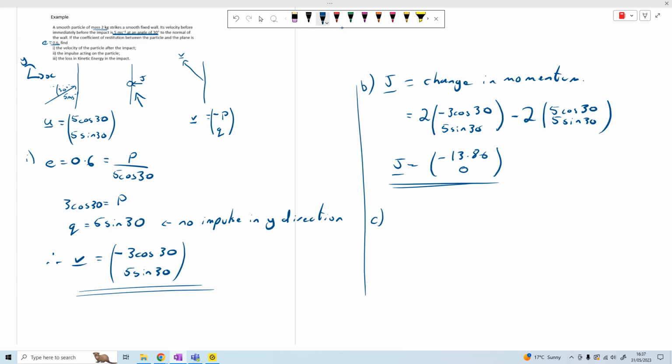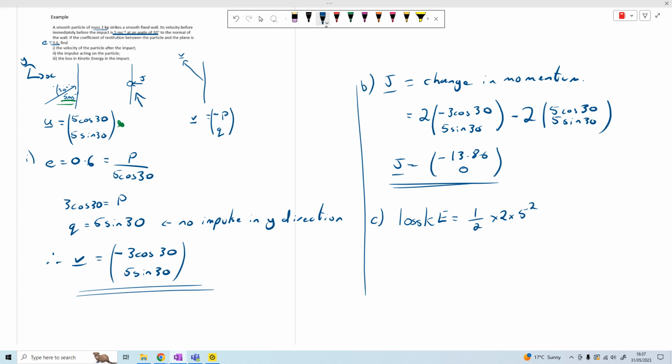Okay, last one, C, is my loss in KE. That's going to be its initial KE, take away its final KE. So its initial KE, nice and easy, is going to be a half times 2 times 5 squared. I can use the 5 in this case from here. I could technically use Pythag on my vector, but it's just going to give me 5 anyway.